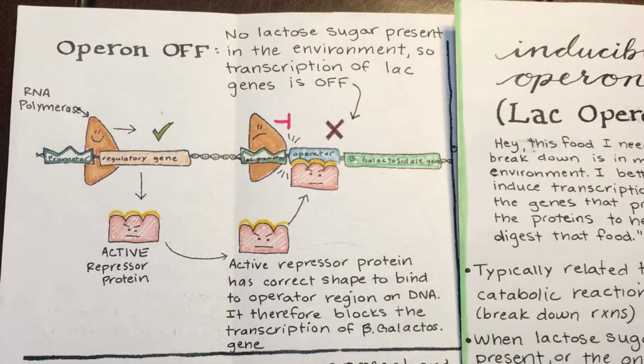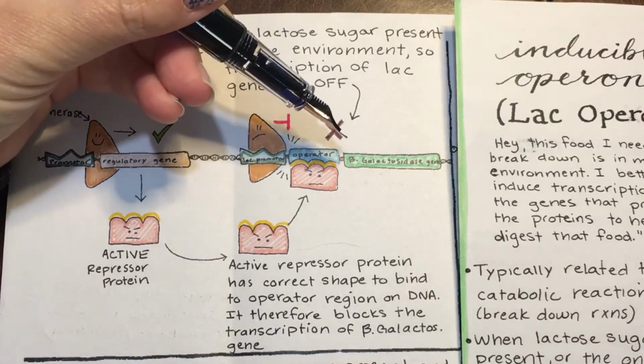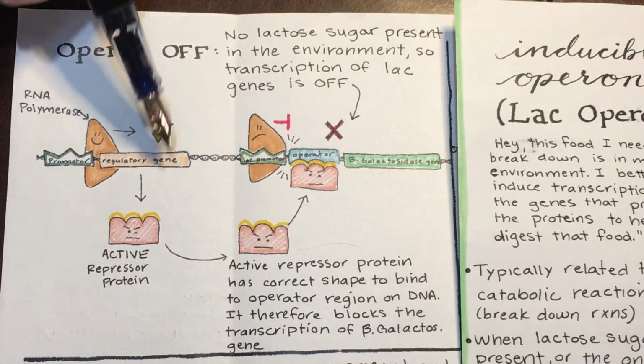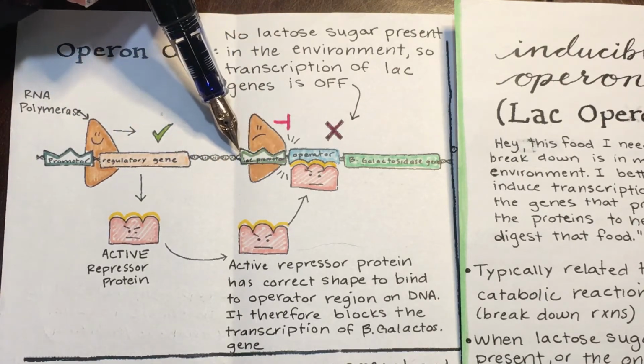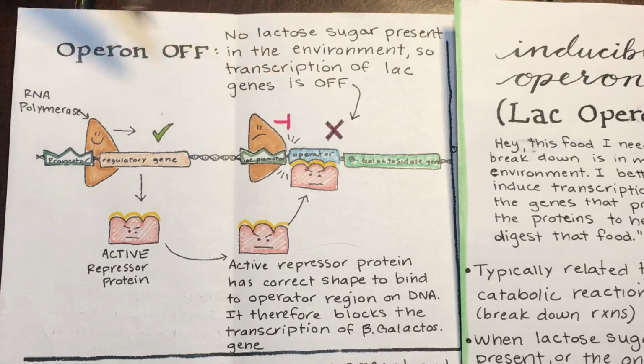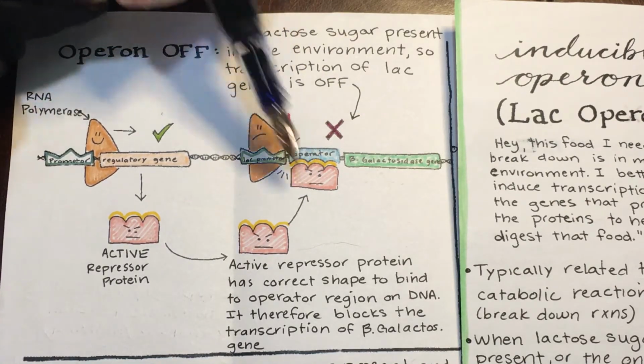So the operator is another region of DNA nearby, right? But not actually related here, right? It's got its own promoter again. So this is the lac promoter, which is going to be related to the lac operon. The operator is kind of the on or off switch here.